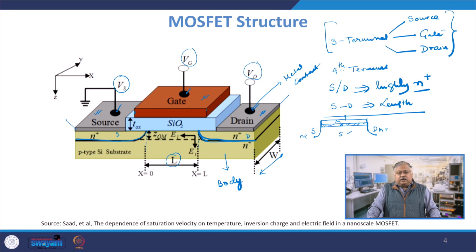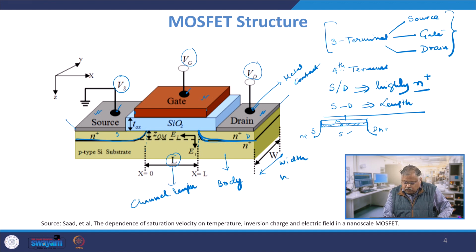At this stage it does not matter, the functionality does not get affected too much, but it influences the performance parameters at a later stage. This W is referred to as the width, and this L is referred to as the channel length. Width divided by channel length is referred to as the aspect ratio.